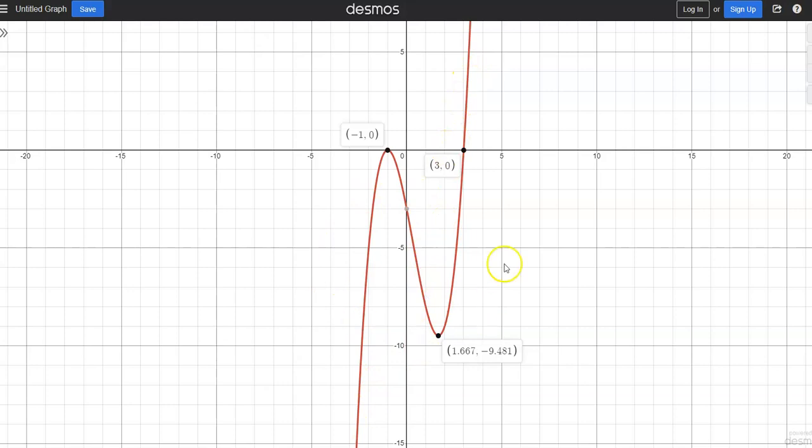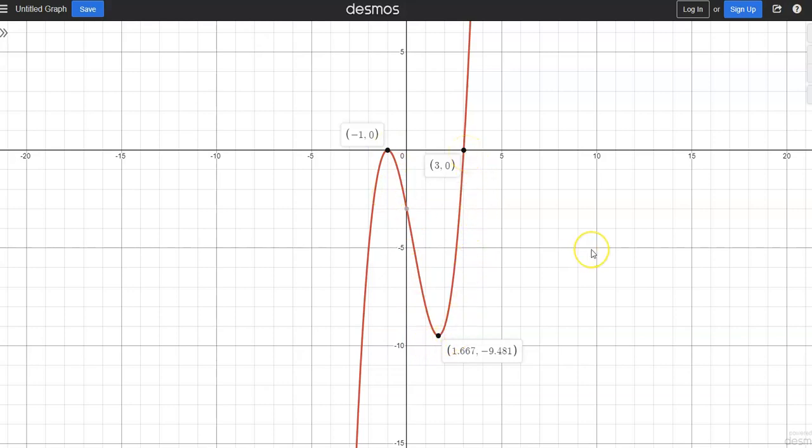Now, where is it negative? Well, kind of everything up to there, but if we're being really specific about it, technically it's not negative here, because 0 is not negative. So if I were being picky about it, I would probably say from negative infinity up to negative 1 it's negative, and from negative 1 to 3 it's negative.